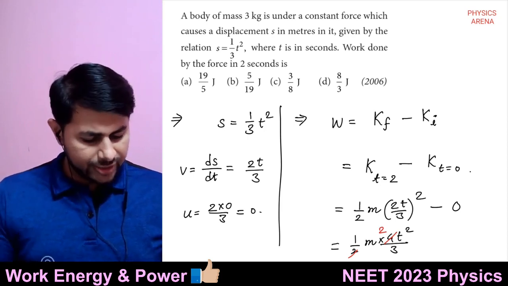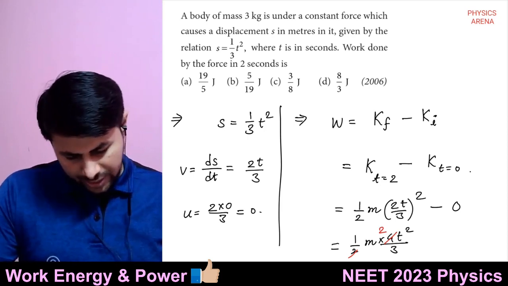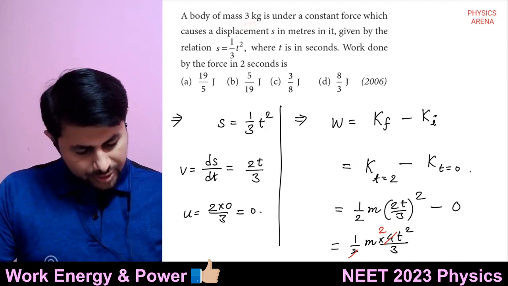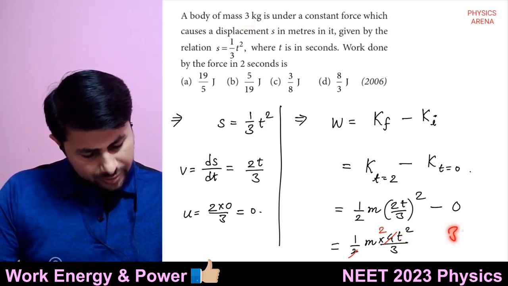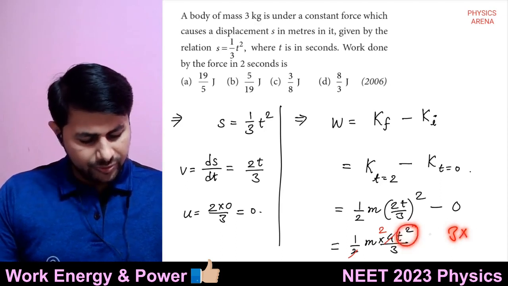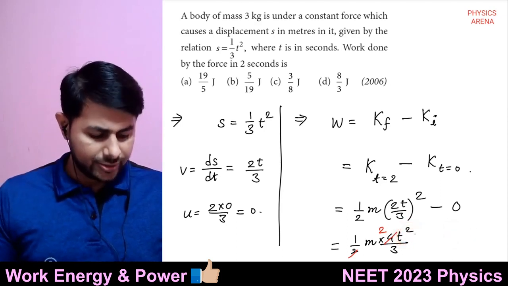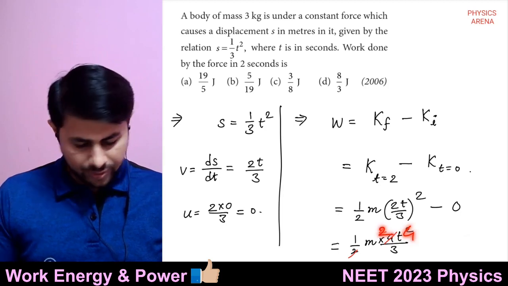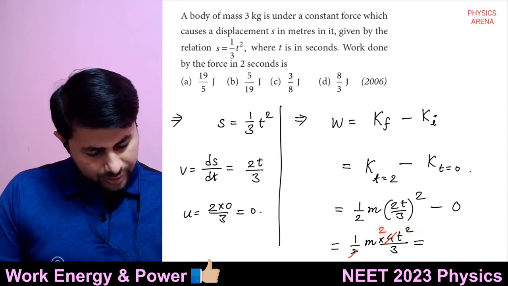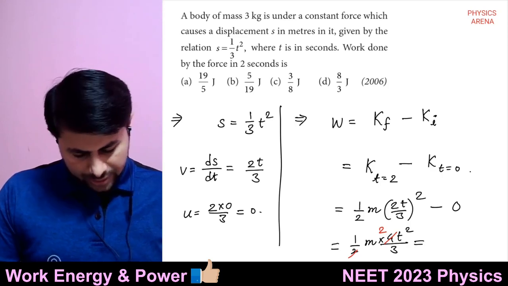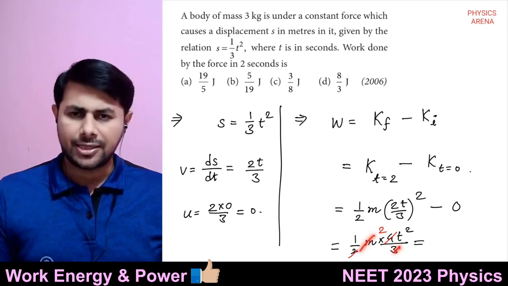And now we can substitute values. So mass is 3, t is 2. So it is 3 multiplied by t square, which is 2 square, so that's 4. 4 times 2 is how much? 8. And this 3 and 3 will get cancelled because mass is equal to 3.